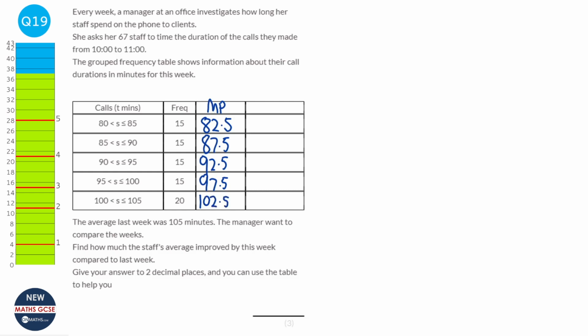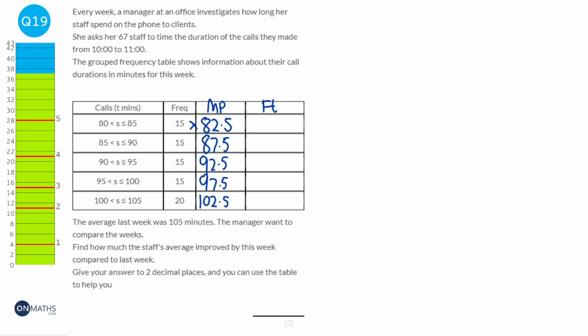Next we need to find the ft, which is just the frequency times the duration of calls. Now in this first group we're not timesing it by 80 to 85 or anything like that, we're timesing it by the midpoint, so our midpoint effectively becomes the t.